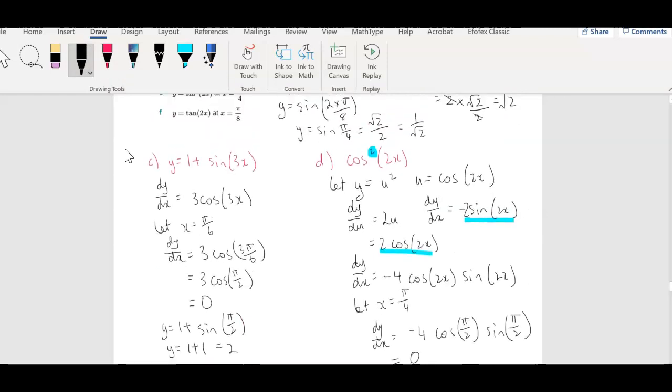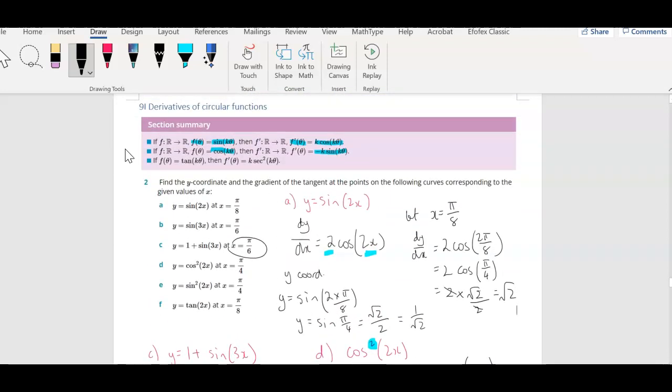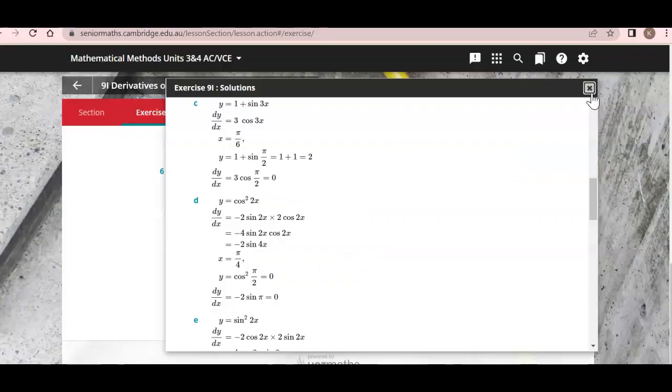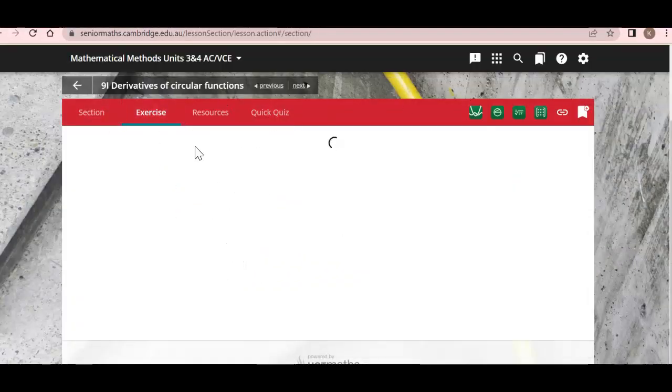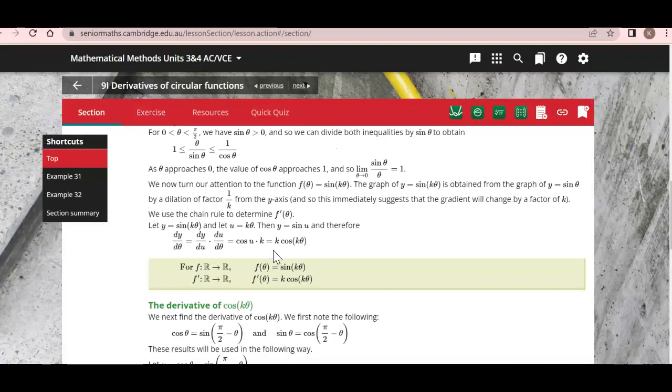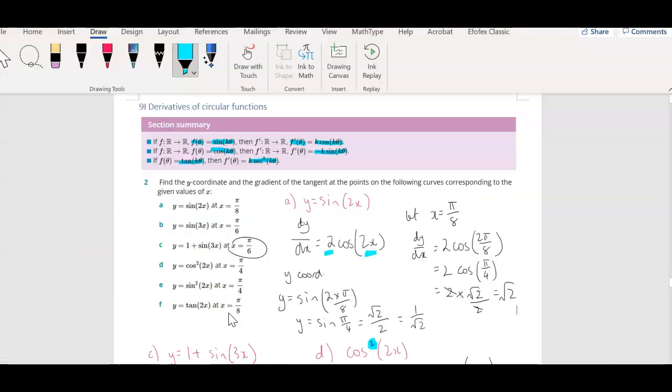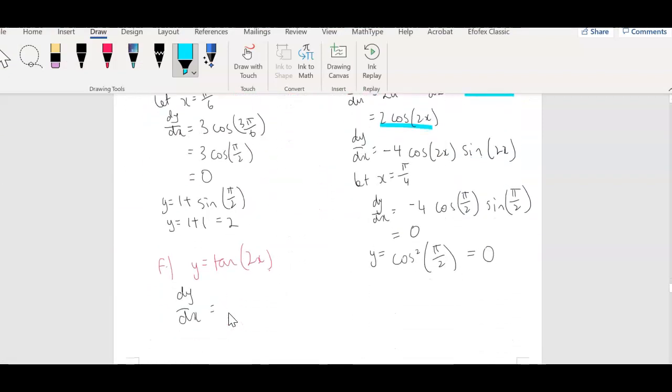Now with tan, it's slightly different because you've got sine and cos complementing each other, but tan, we get k sec squared k theta. So if you're interested in the theory behind the derivative, your textbook does explain it. All right, so you can go through it, but I'm not going to go through it here because it'll be a very long video. All right, so k sec squared k theta.